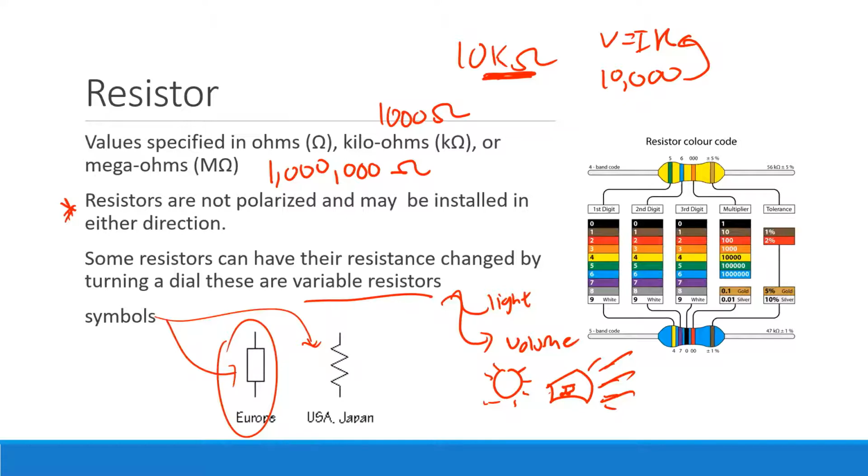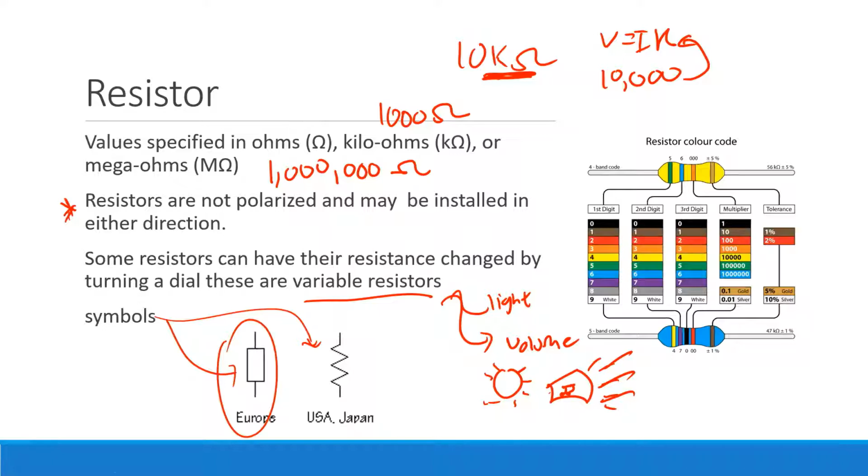Now, this picture over here on the right is called the resistor color coding chart. I personally don't think it's valuable for students to memorize this chart or even to fully understand it.